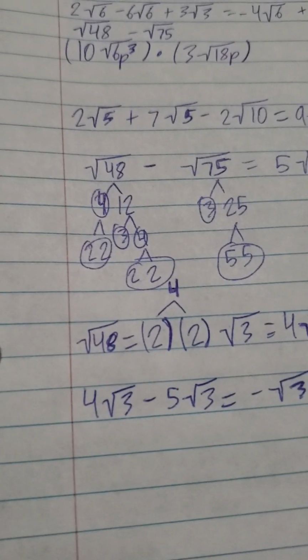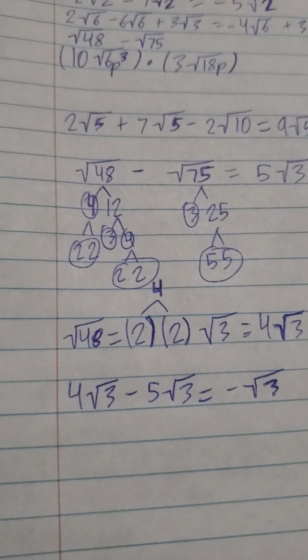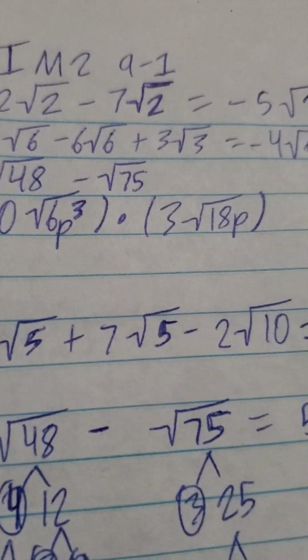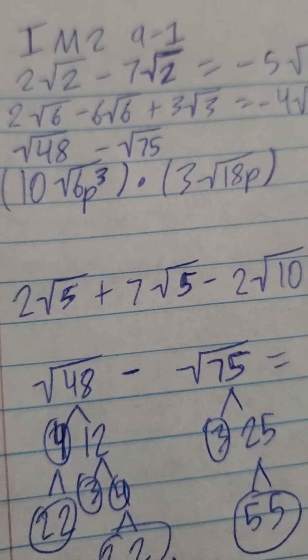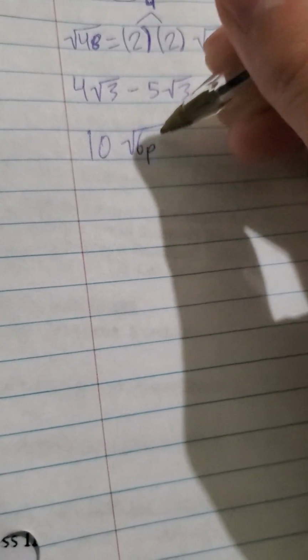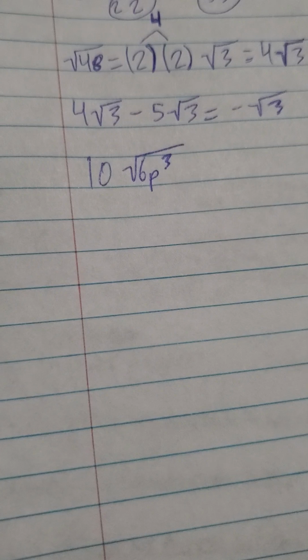So for this right here, you can simplify parts of these terms. So let's take the term 10 times the square root of 6p cubed. There's actually a couple ways you could do this.